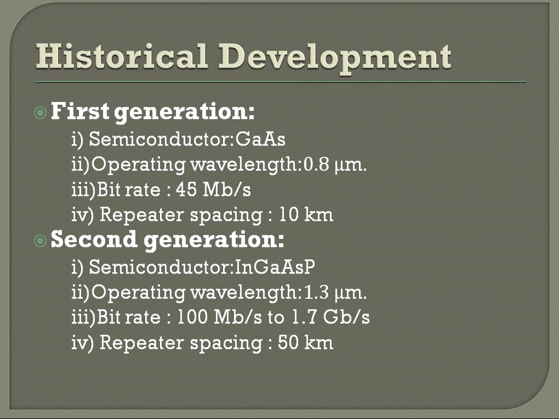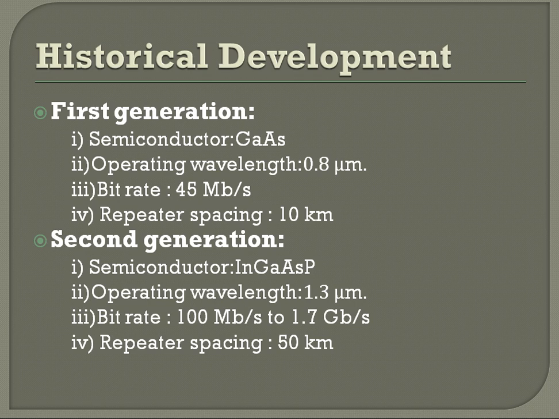The specifications of various optical communication systems are as follows. The first generation system consists of a gallium arsenide semiconductor at the operating wavelength of 0.8 micrometer, a bit rate of 45 megabits per second, and the repeater spacing is 10 kilometer.